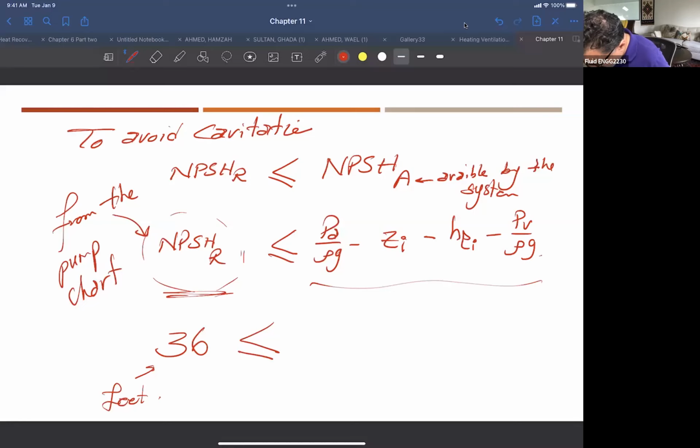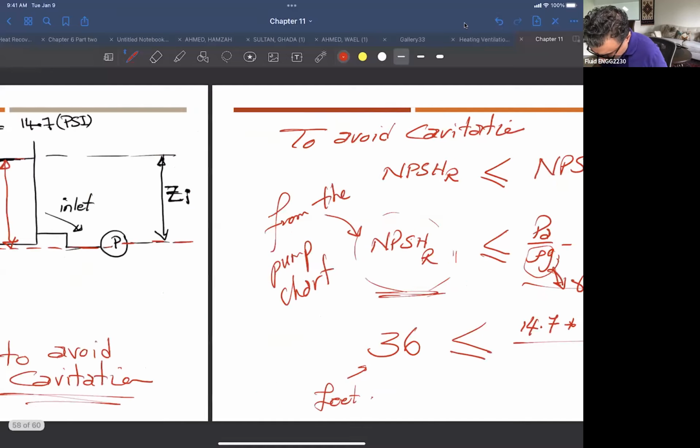So this term here is 14.7 times 144, converting this into pounds per square foot. And then rho g in the British system is gamma, which is gamma water times 1, since it's water in this case.